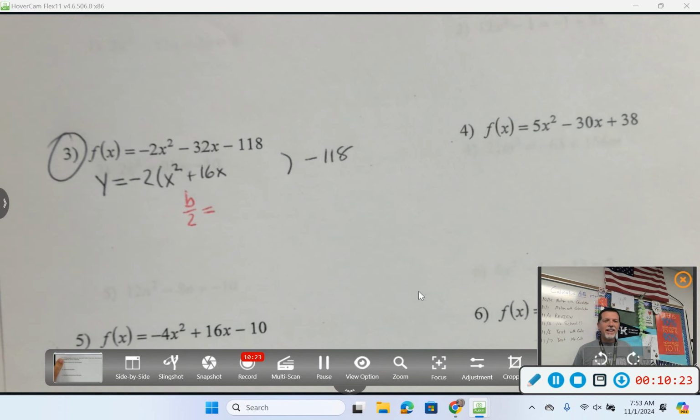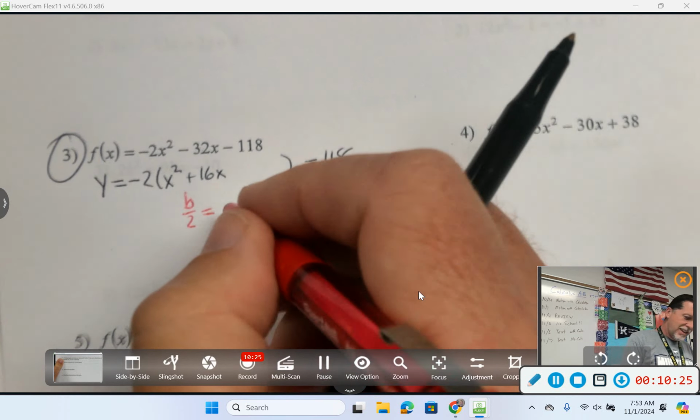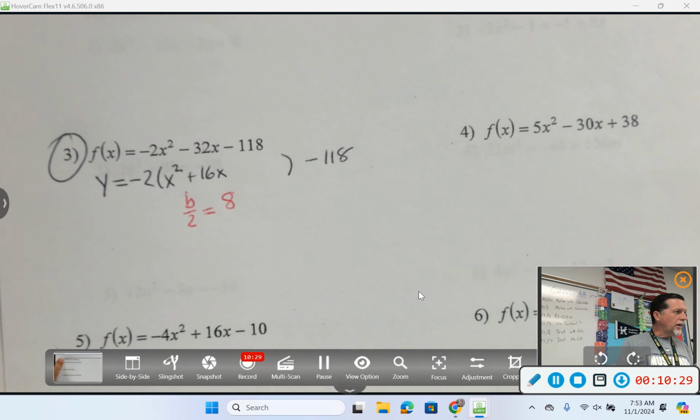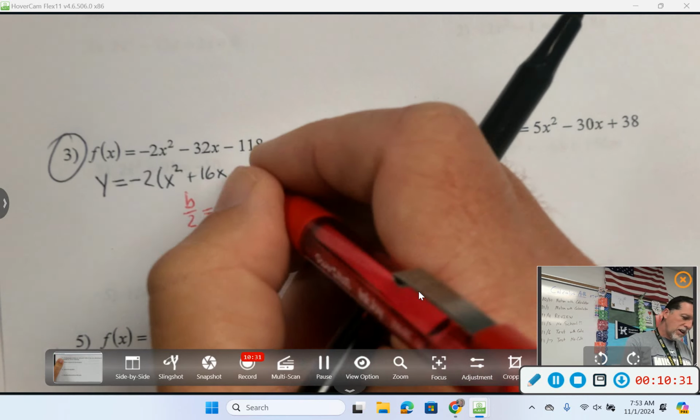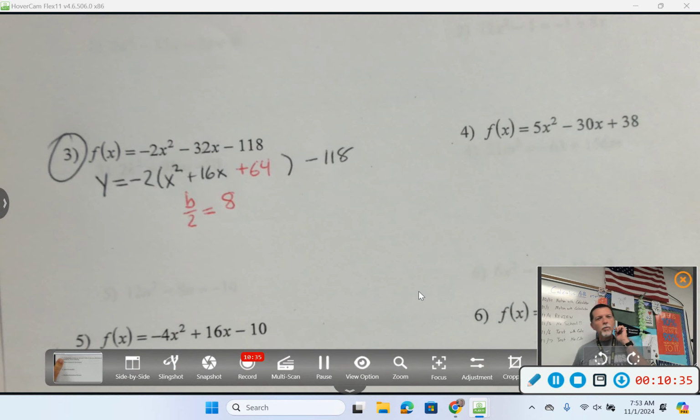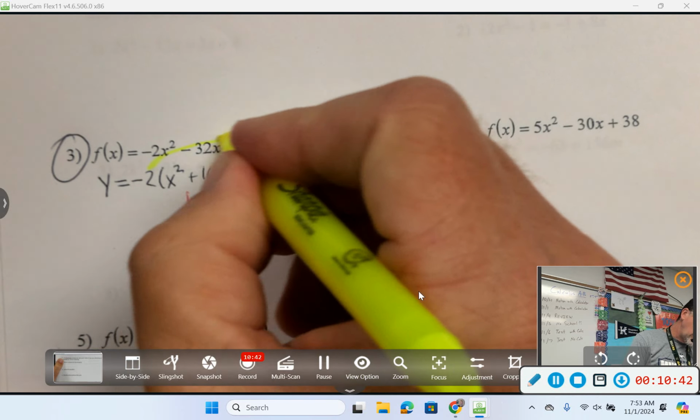Half it, square it, add it. So half it, I get 8. Square it, I get 64. Okay, so I wrote plus 64, but what did I really do right there?